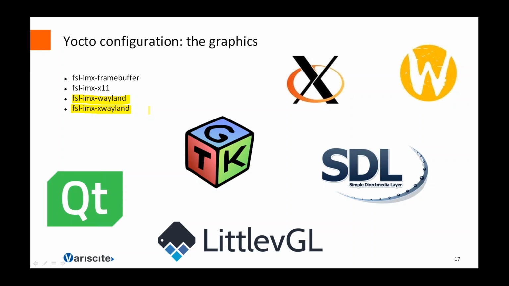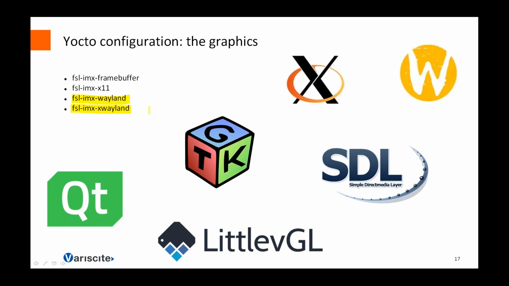Wayland is trying to compensate for all the problematic aspects that arise when using X. It's a kind of redesign of the graphical aspects of video applications. So on the NXP side, the graphical applications are only provided using Wayland.